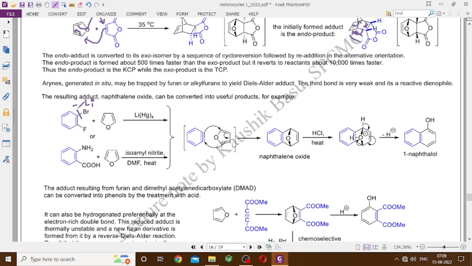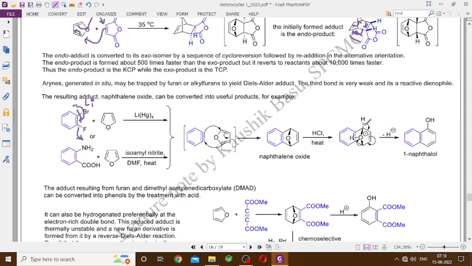The carbon-fluorine bond is strong, so an E1cB type reaction will take place: bad leaving group, but we have negative charge associated with the neighboring carbon, so it will eventually push out the bad leaving group, so that you get the benzyne. This benzyne molecule will act as a dienophile to give rise to the corresponding Diels-Alder adduct. This Diels-Alder adduct, when treated with acid, will undergo ring opening to give you access to 1-naphthol, that is alpha-naphthol.